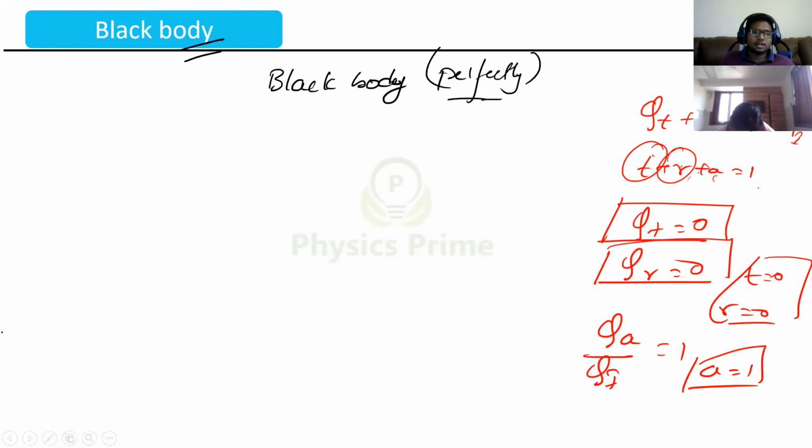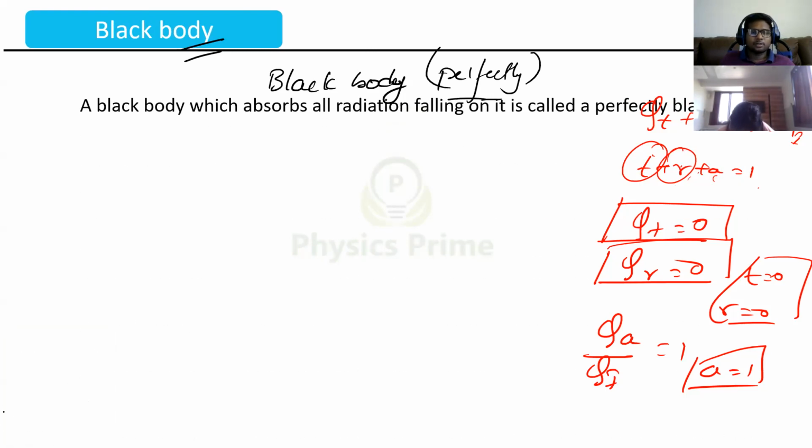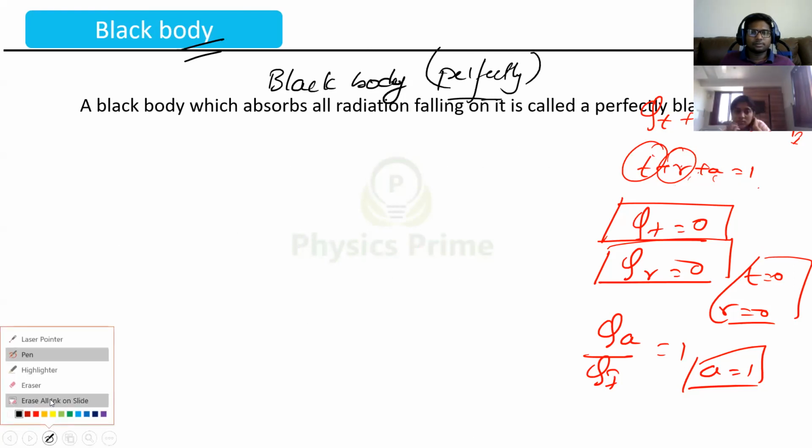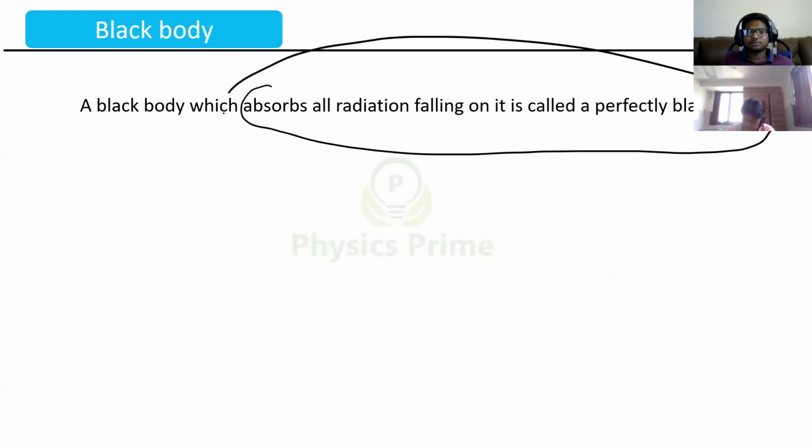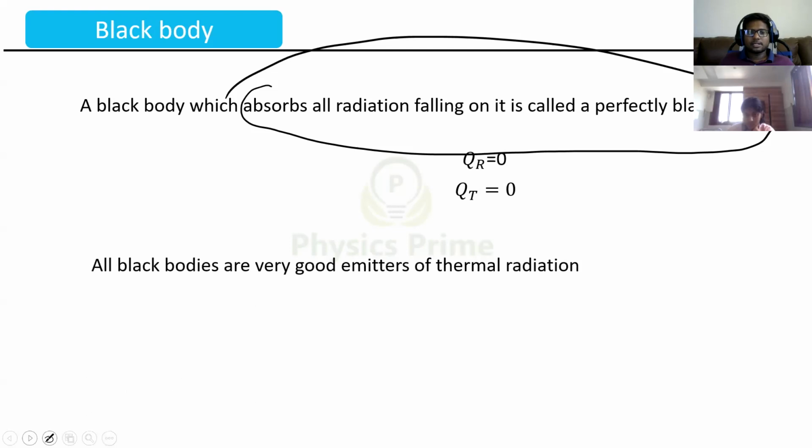Black body. Got it? When it absorbs more, it can also radiate more. So a black body which absorbs all radiation falling on it is called a perfectly black body. That means QR, QT are 0. That means QA is equal to Q incident. Because entire energy is absorbed, more energy is absorbed, more energy it can emit also, right?